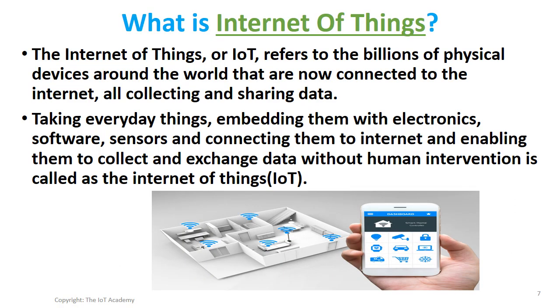So what is IoT? The Internet of Things, or IoT, refers to the billions of physical devices around the world that are now connected to the internet, all collecting and sharing data.